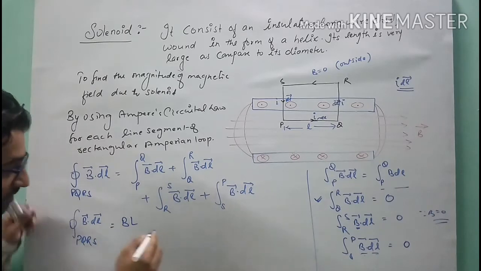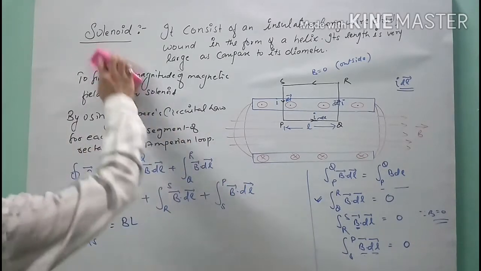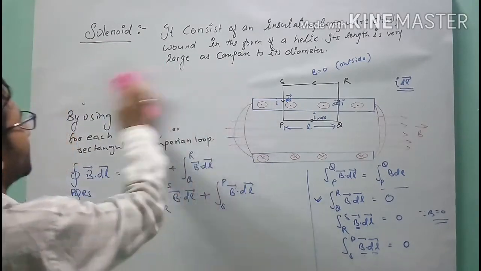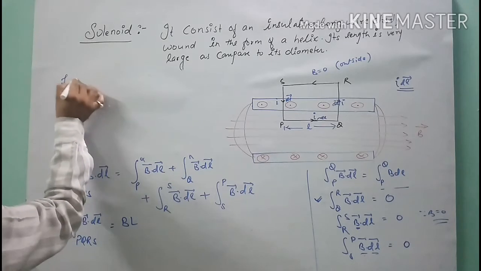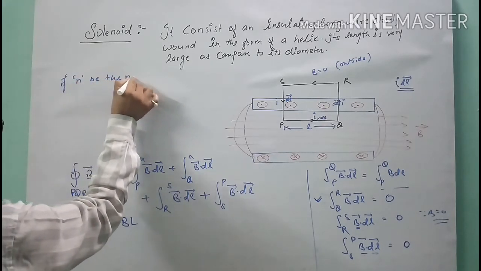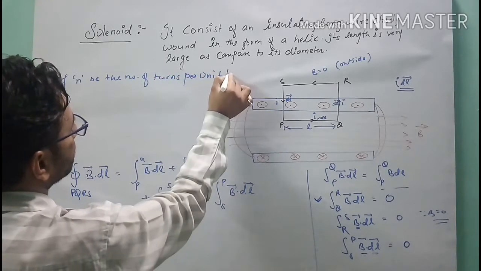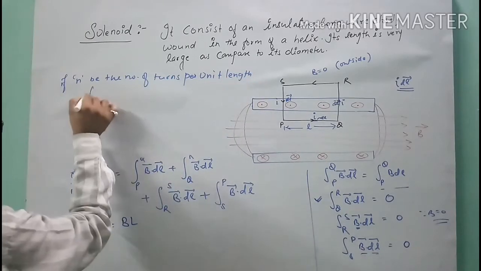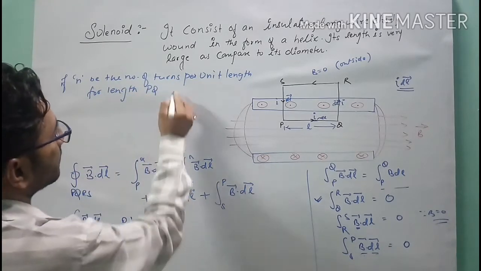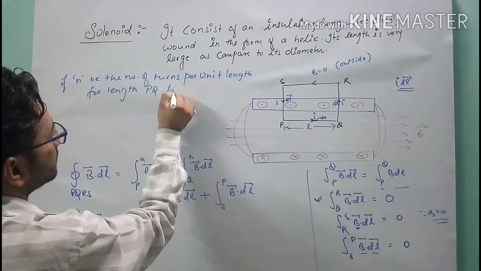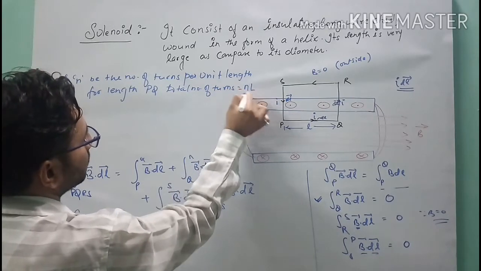So for this condition, if small n is the number of turns per unit length, then for length PQ, the total number of turns is equal to n into L.